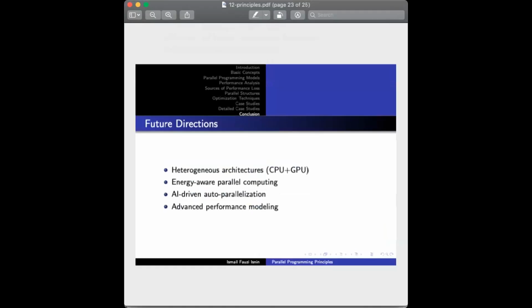Next, AI-driven auto-parallelization, where intelligent compilers analyze sequential source code and introduce parallel structures automatically. And next, advanced performance modeling, which allows developers to simulate and predict code scalability on next generation supercomputing hardware before it is even built. All right.